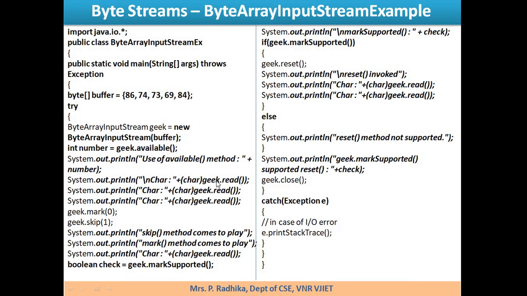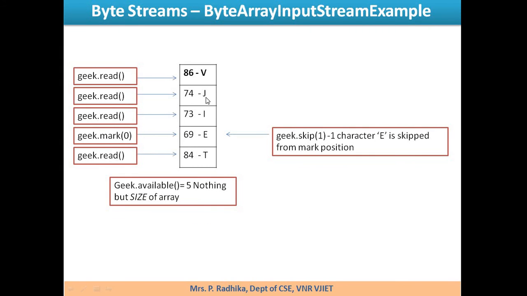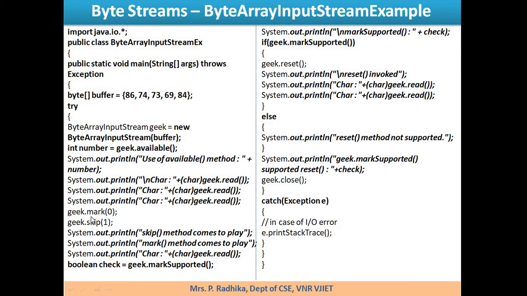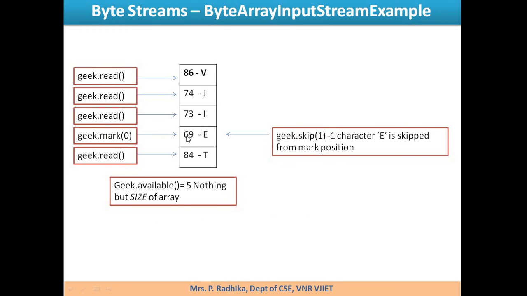First of all, we are reading the 3 characters geek.read, geek.read, and then geek.read. So these 3 characters VJI are read, and at the 4th character we are marking, and we are skipping one character. Which is going to be skipped? E is going to be skipped.